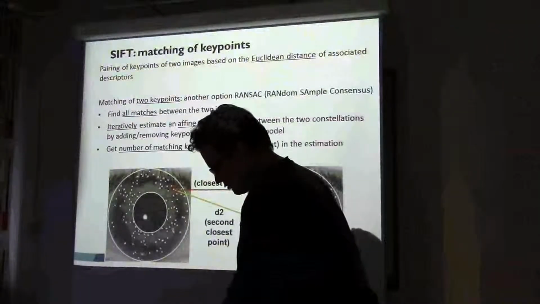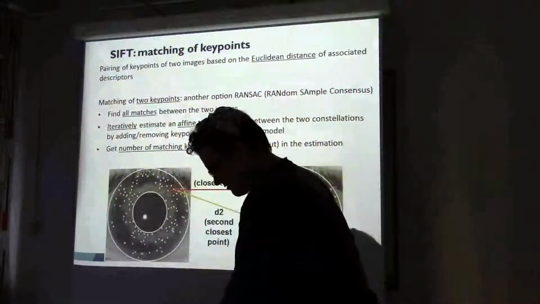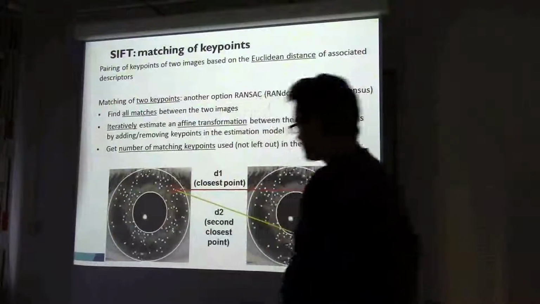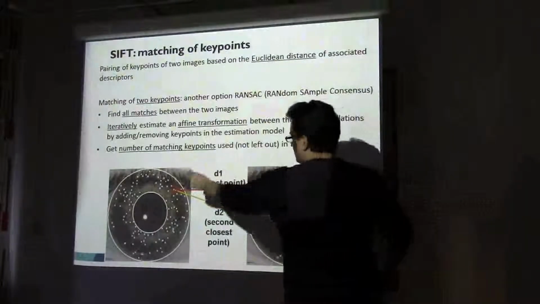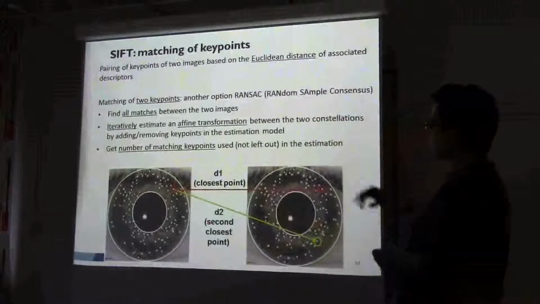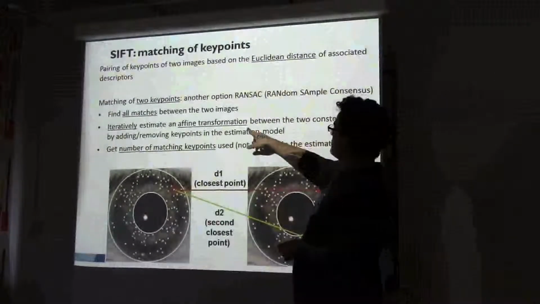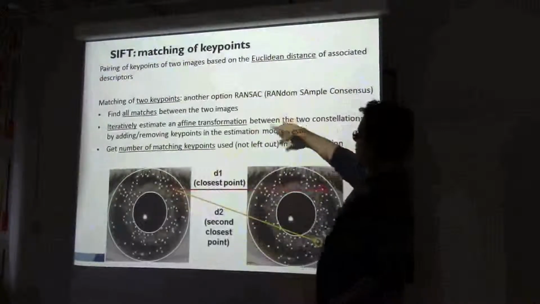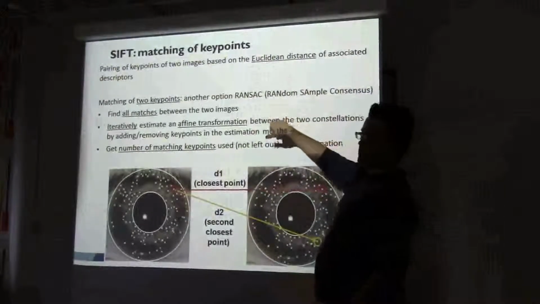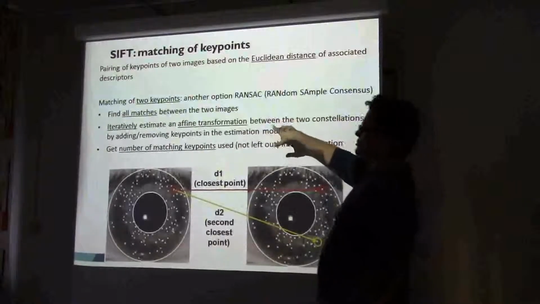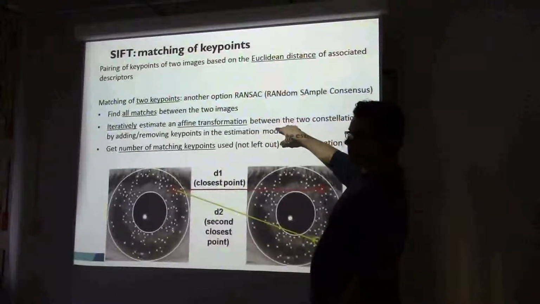There is another possibility of matching, which is written in the book. Instead of trying to find these individual matches, you try to estimate a transformation between the two constellations of points, iteratively adding and removing points each time until your transformation converges in some way.